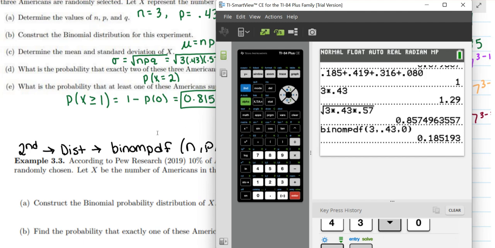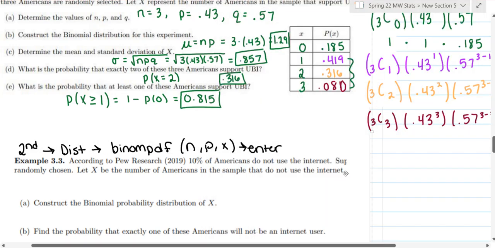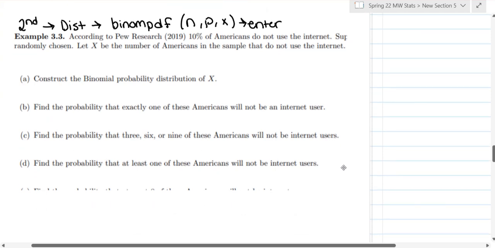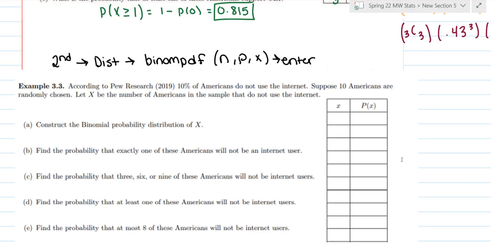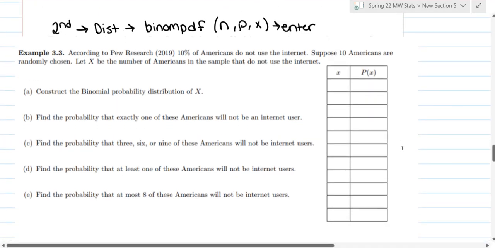Okay, so let's look at this next example. According to Pew Research, 10% of Americans do not use the internet. Suppose 10 Americans are randomly chosen. Let X be the number of Americans in the sample that do not use the internet.